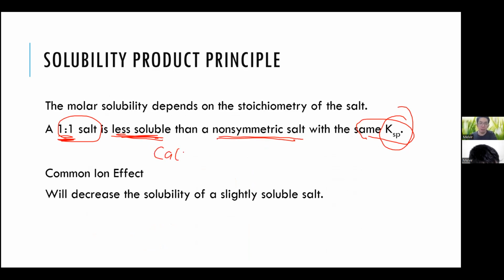So, calcium hydroxide, ibigay natin yung example. Ang Ksp nito, based sa nakita ko, ay 7.9 times 10 to the negative 6. Less lang naman. However, ang calcium sulfide, ang Ksp niya, very near, 8 times 10 to the negative 6.